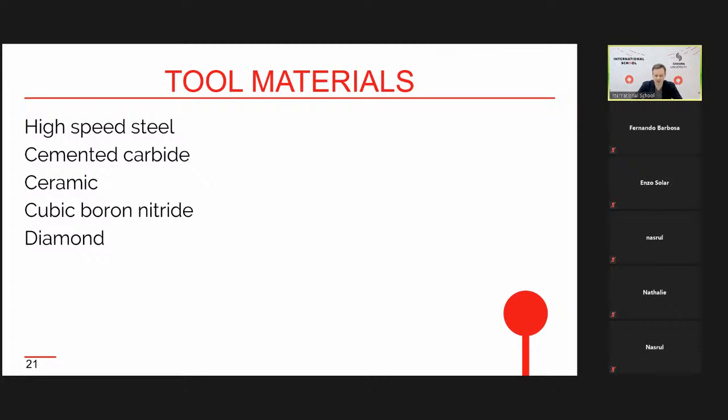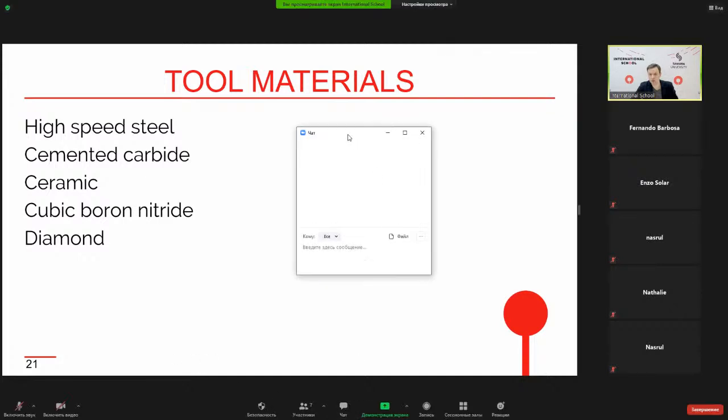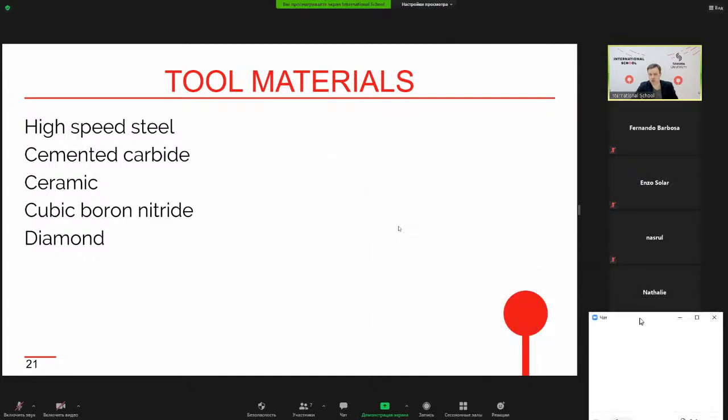Okay, I thought it was a question, but I suppose it wasn't. Sorry for a second. Is there some chat here? Yes, you can add chat. You can also use chat for writing questions.